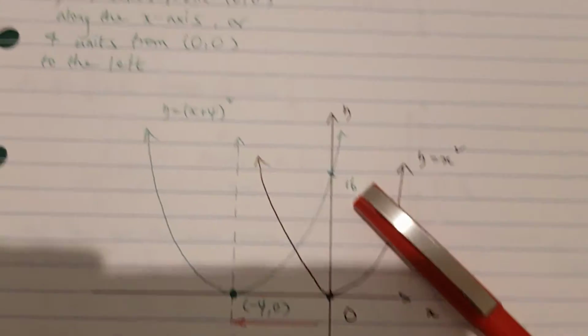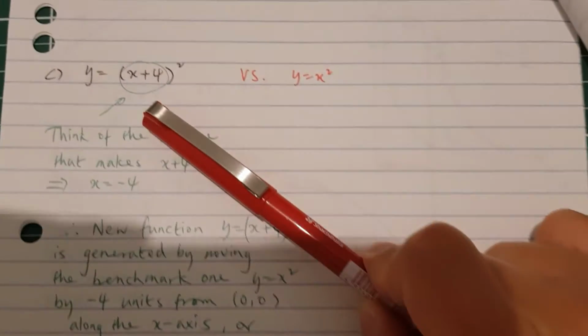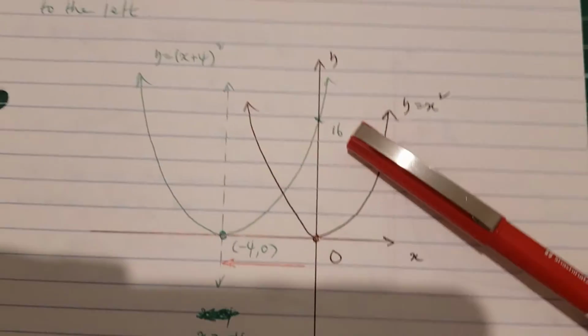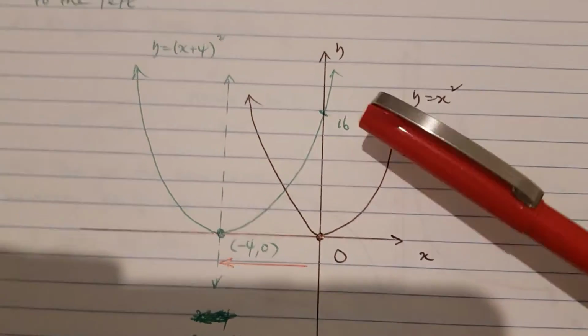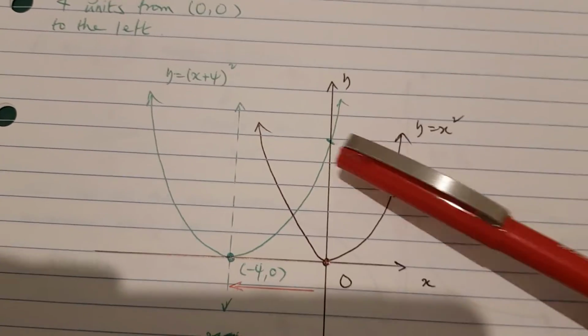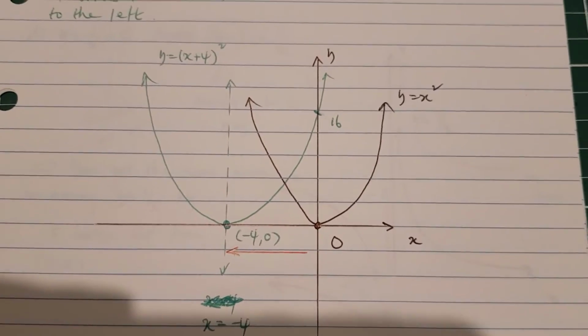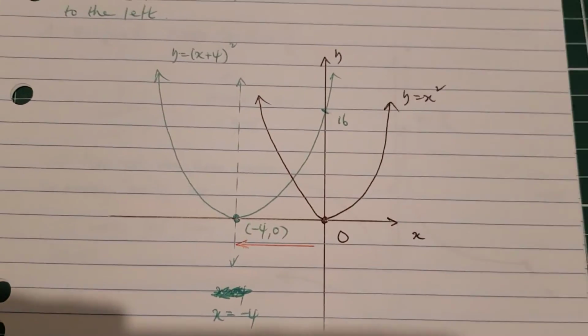As a side note, if you put x equals 0 in there to get the y-intercept, it's 4 squared, which is 16. So you can still apply a bit of algebra to work out the y-intercept on top of the shifting that we are doing.